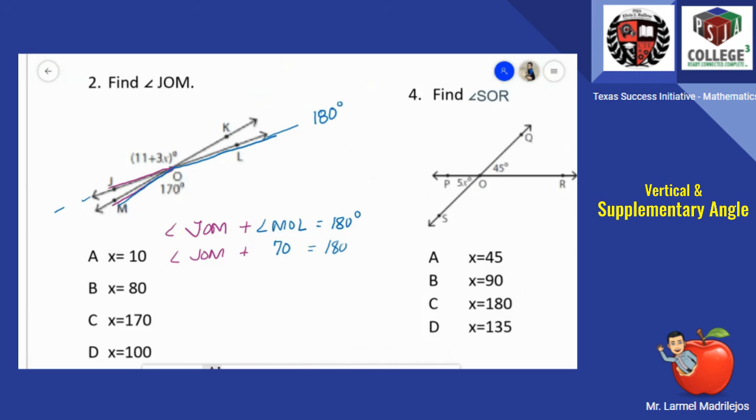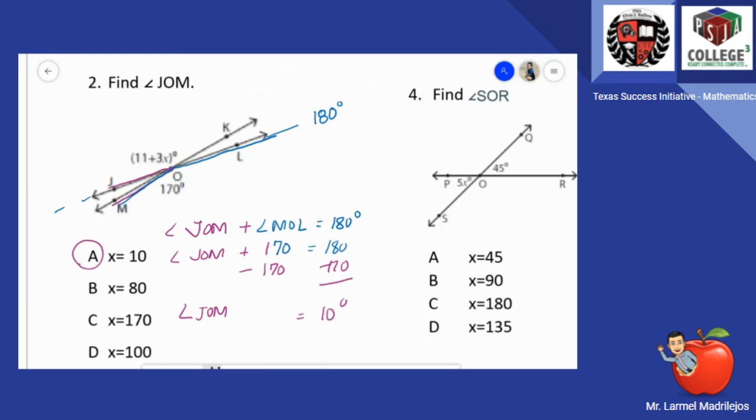To isolate JOM, take the opposite of positive 170, which is negative 170, on both sides of the equation. My bad, this is 170. So 180 minus 170 gives me 10 degrees. So the angle JOM is 10 degrees. Again, question number 4 will be your practice.